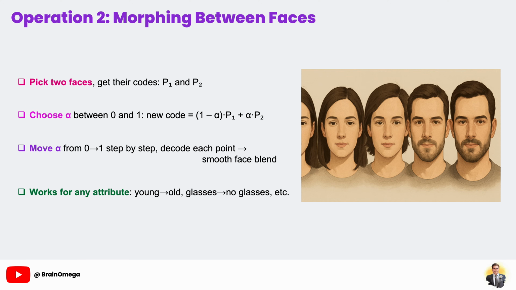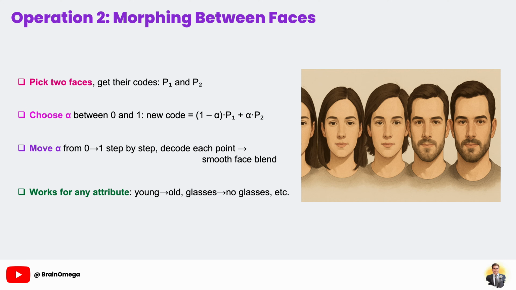When alpha equals 0, you're exactly at Alice's code. When alpha equals 1, you're exactly at Bob's code. When alpha equals 0.5, you're halfway between. 3. Compute intermediate codes. For each step in the morph, say we want 10 images, alpha equals 0.0, 0.1, 0.2 until 1.